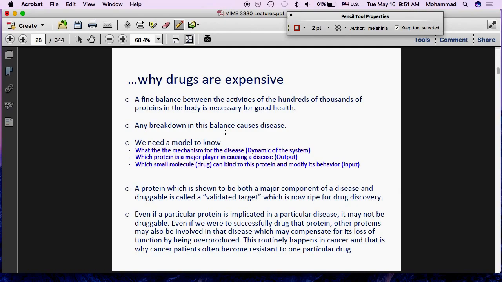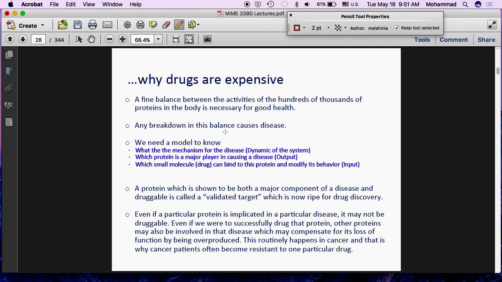And then in order to affect that mechanism, you need to identify the protein that is going to affect that process. And now, once you have that process, you're looking for a cure. You're looking for a medication. Now, a medication essentially is a bunch of molecules.